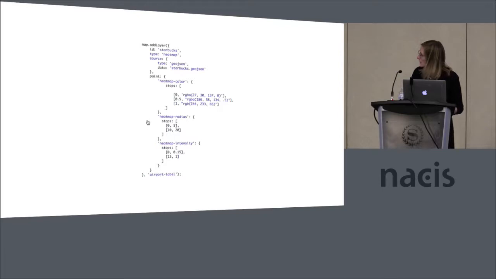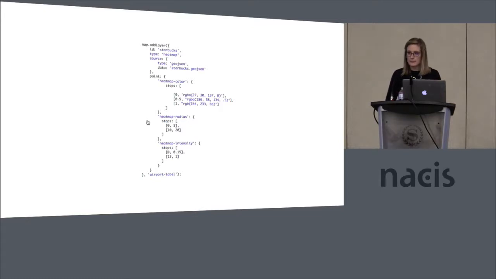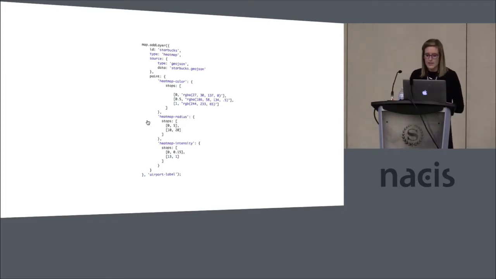And this is kind of small, but this is the code that you would need to add that heat map to your map. It should look familiar if you're used to using Mapbox GL. The properties that we're adding are heat map color, so the color ramp that you want your heat map gradient to be, the radius, so basically the radius of the kernel, which is the area that is used to add up the points that are in that area.